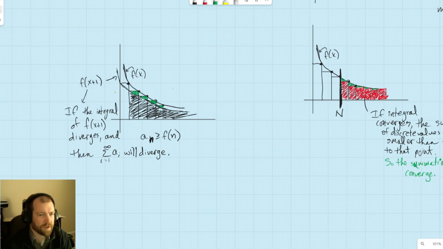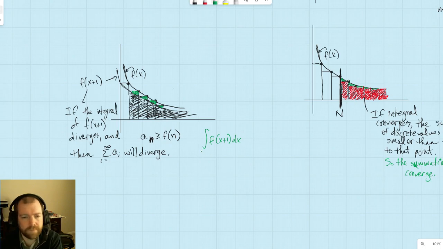If we're trying to do the integral of f at x plus 1 dx from n to infinity, this is basically going to be the same.